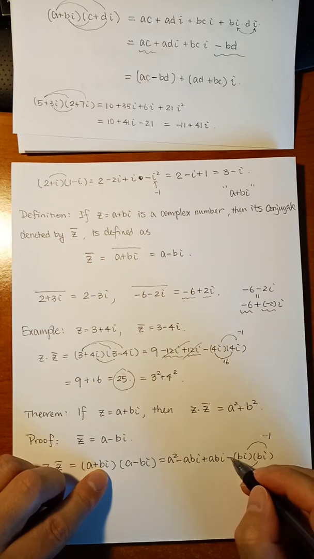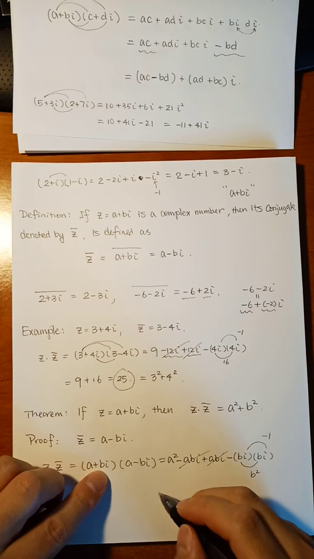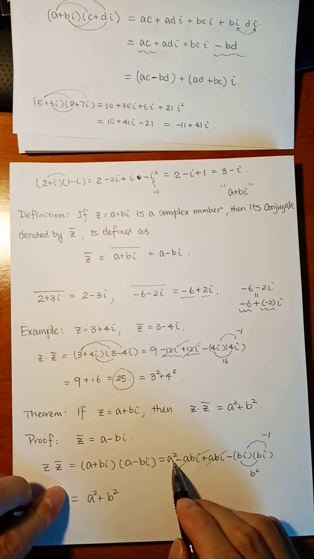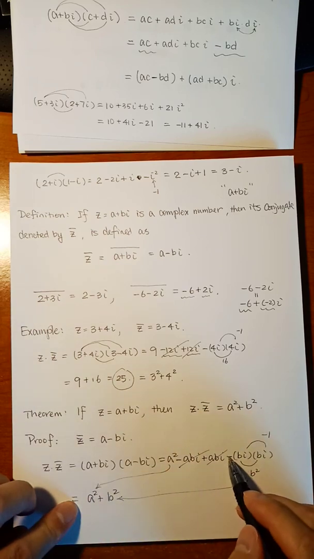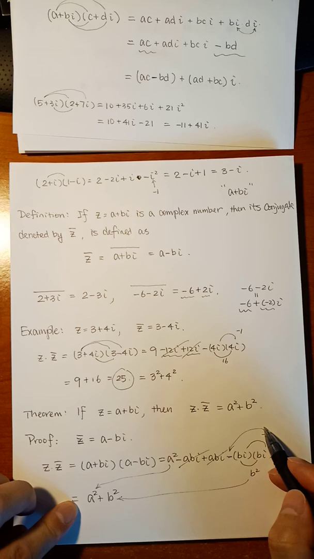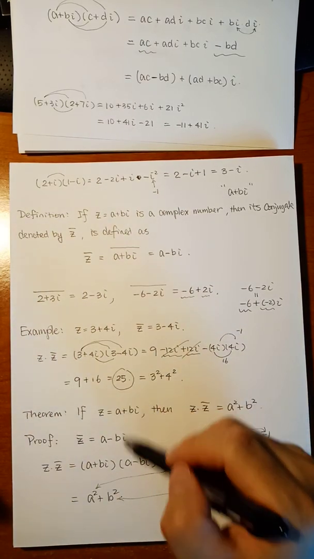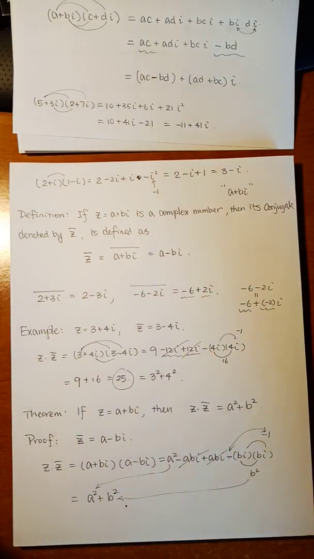Negative 1 with the minus sign is positive. The plus and minus terms cancel. So you will have a squared plus b squared. That's exactly what we computed, but here we just use a and b instead of 3 and 4.